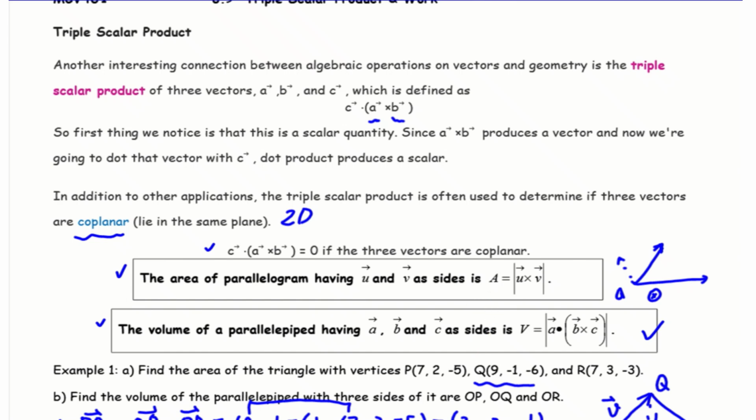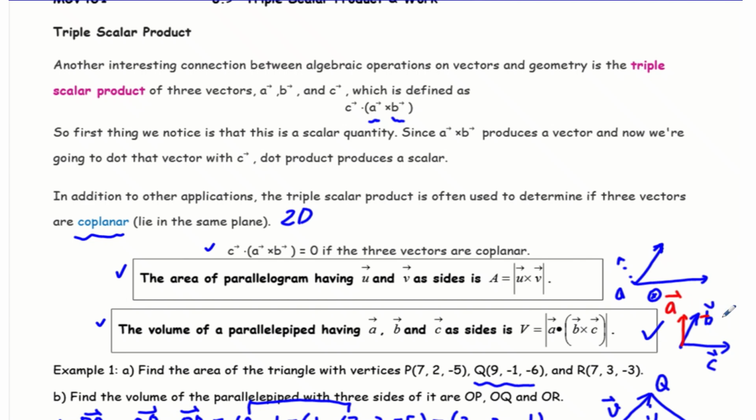And these 3 vectors, you have B here, C here, then A will not be on the same plane, it's A here.